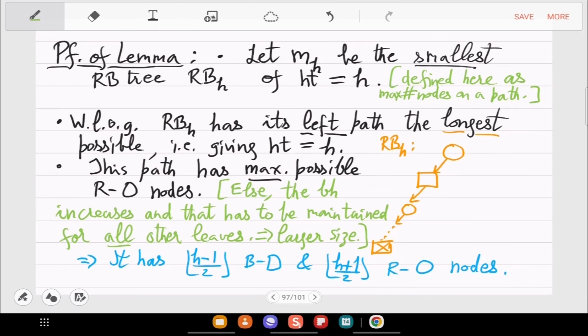Okay, so this will give us something now. This will take us towards a recurrence. So the question you have to ask here is, what is the remaining part? What can you say about this? So what is this part?